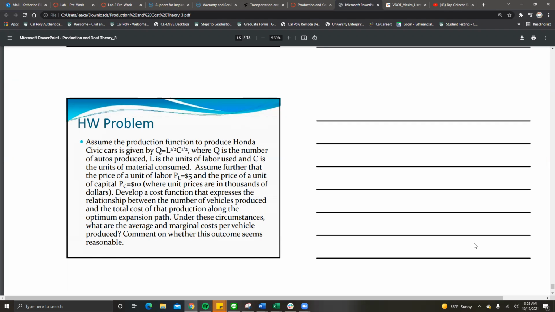Budget curves would be like, price of labor is $5, price of capital is $10. So your budget equation, let's say you're calling your budget B, right?